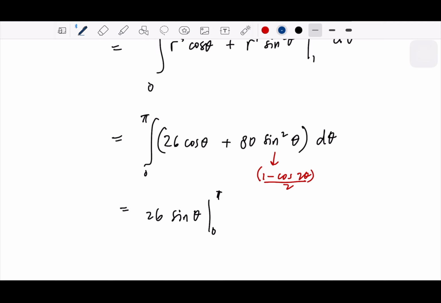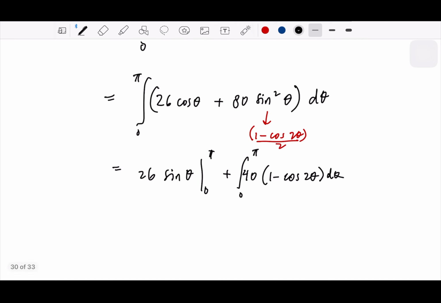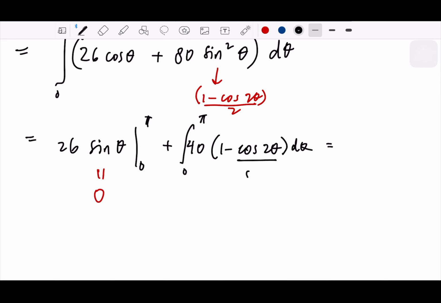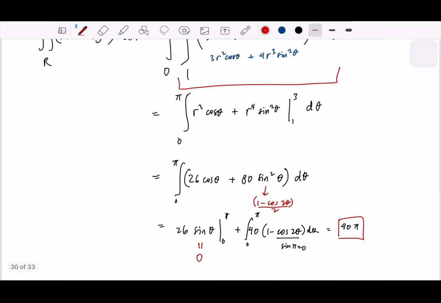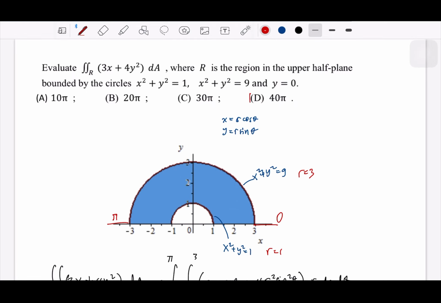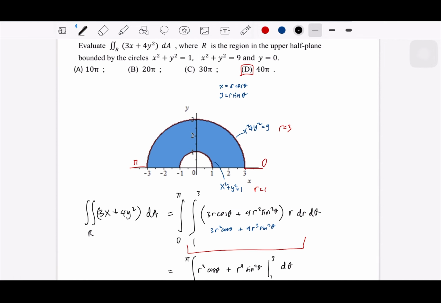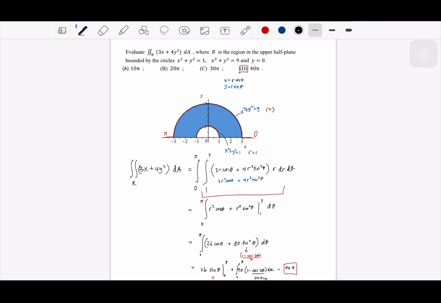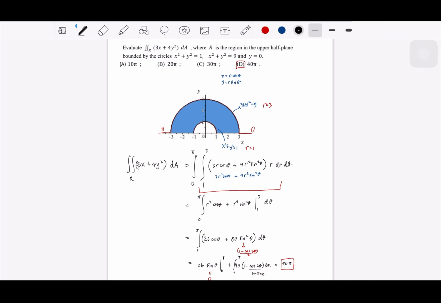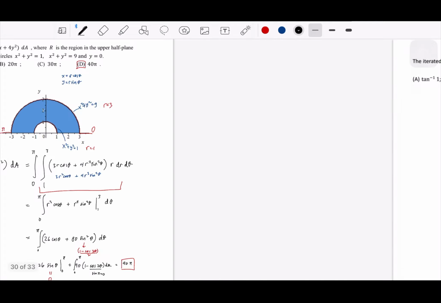So we have plus 40 times 1 minus cos 2 theta d theta, from 0 to pi. This will be 0, and this goes to sine, and sine will be 0, so 40 pi is our answer. That's D. I hope you get the same answer as me, but let's go to the next question.